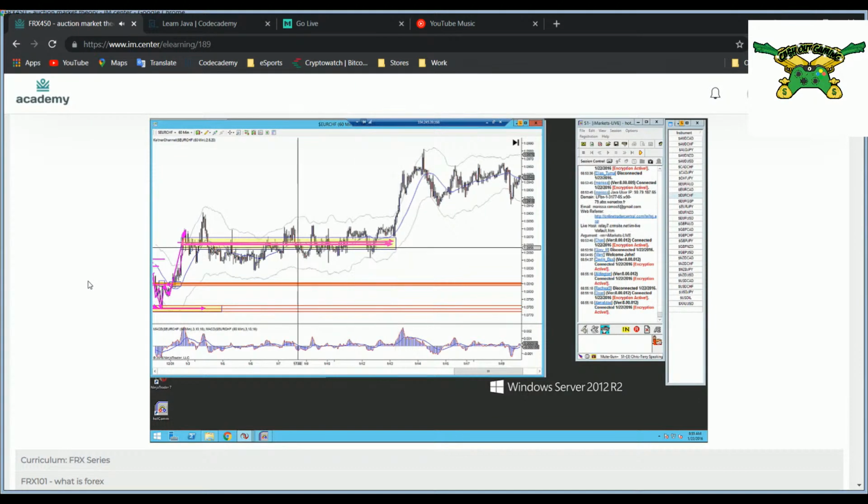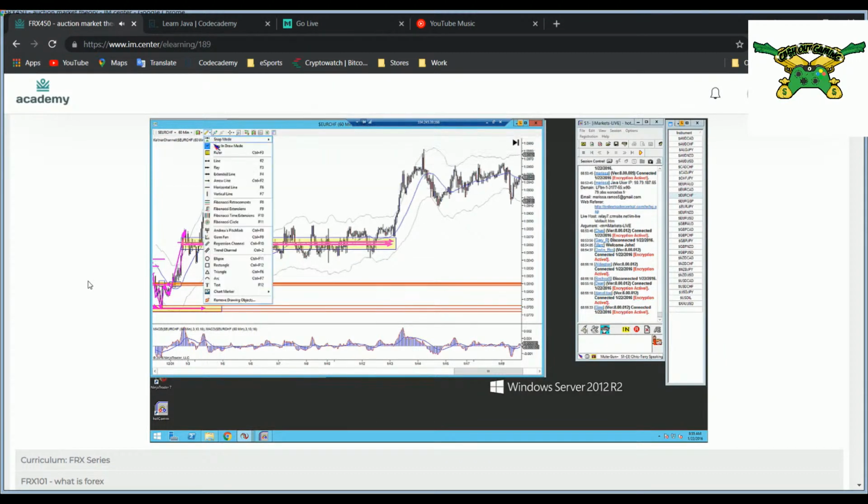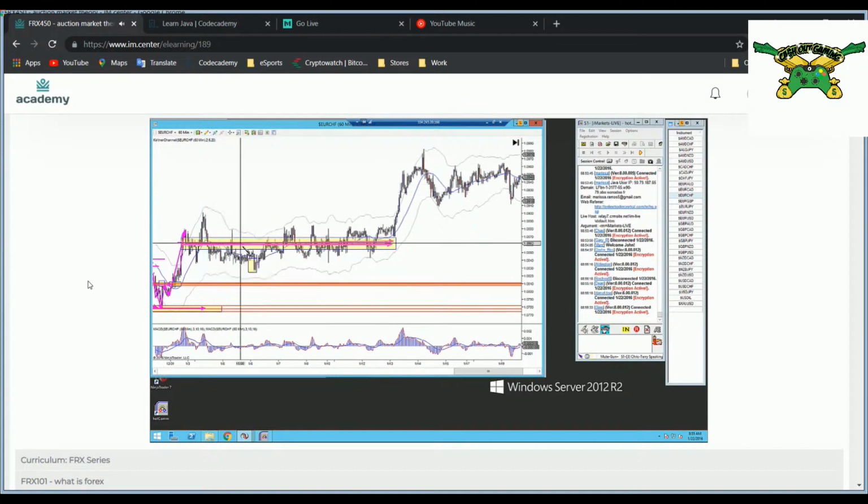So you've gone through this extended sideways line, and nobody wanted to take control of one side. They brought it down here by trying to sell it, and they got stuck because they tried to sell it out of the range, and the buyers took it back up.